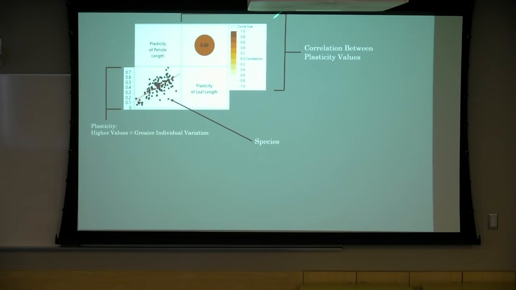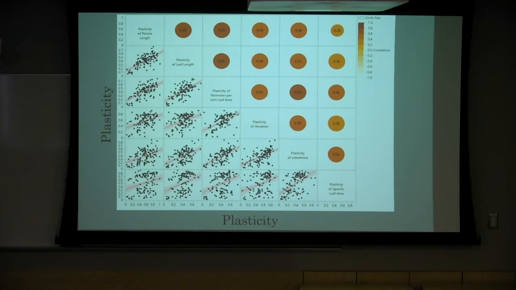In this case, darker colors are stronger correlations. And this is a matrix of all of the plasticity traits compared to one another. You'll see that the correlation between every single one of them is positive. So what you can gather from that is that a tree that's plastic for one functional leaf trait is usually on average plastic for all of them.